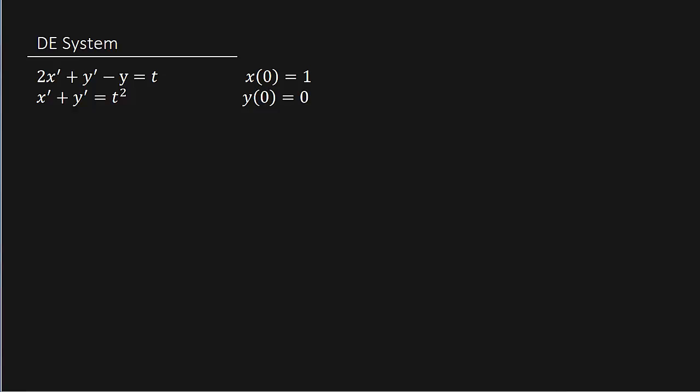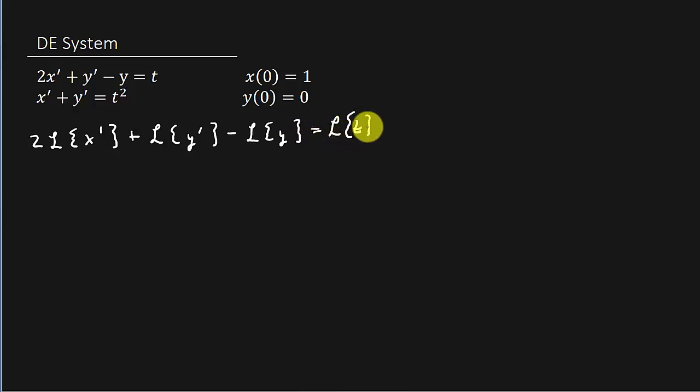That's going to give me 2 times the Laplace transform of x prime plus the Laplace transform of y prime minus the Laplace transform of y equals the Laplace transform of t. And then this is going to be the Laplace transform of x prime plus the Laplace transform of y prime equals the Laplace transform of t squared. All right.